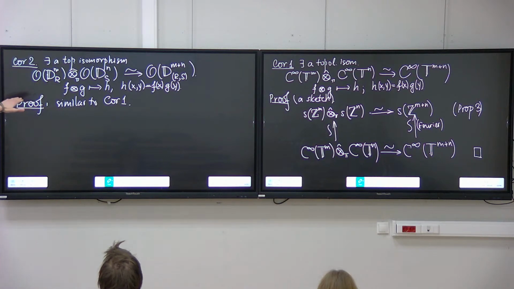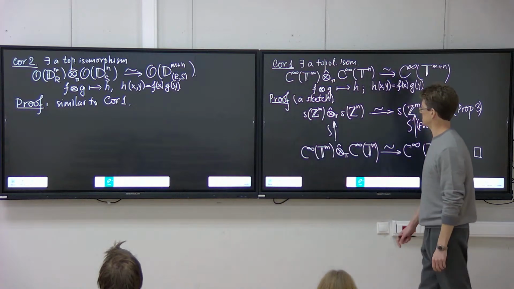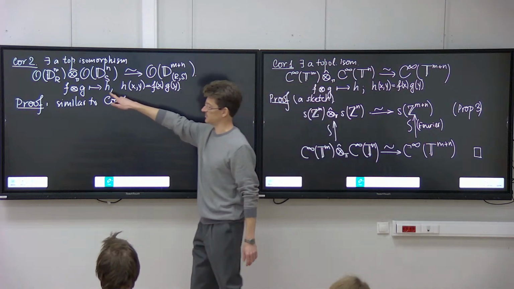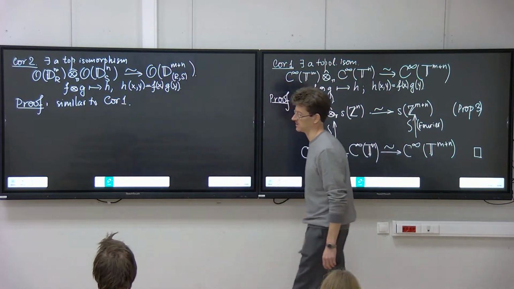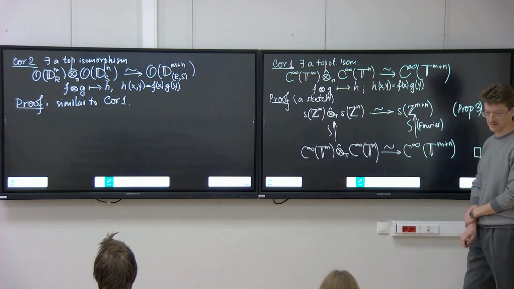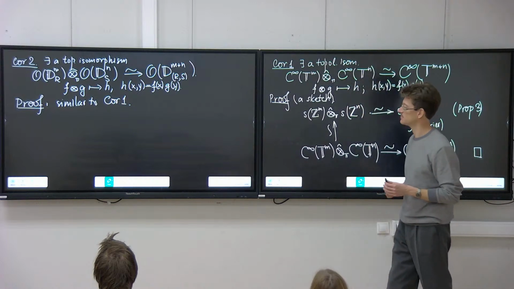And again, this result actually extends to arbitrary complex analytic manifolds. By the way, I'd like to stress that in these formulas we can replace the projective tensor product by the injective tensor product. This is not entirely obvious, but this will follow from the nuclearity of the spaces, which will be discussed at the end of our course.